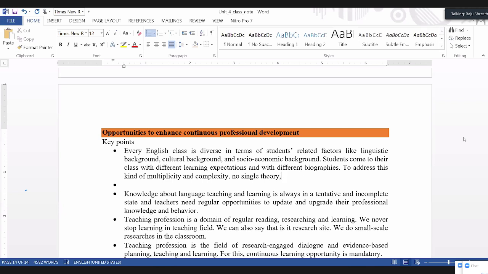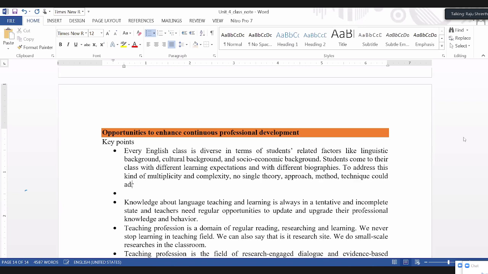No single theory, approach, method, technique, or activity could address the reality.